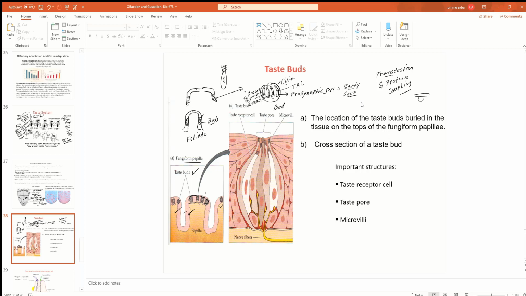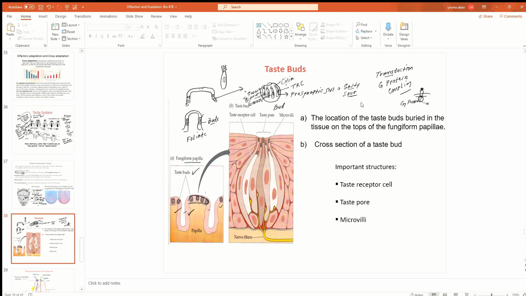You remember in last lecture I talked about that. G protein has subunits, and the alpha subunit gets separated, right, from the G protein. And this is the receptor attached to the cell membrane, right? And on the inner side of the receptor you have the G protein attached. So when the signal molecule binds with the receptor, then the G protein is activated and that alpha subunit is released, right, and activates the adenyl cyclase, and that way the sweet, bitter, and umami cells transduction occurs.